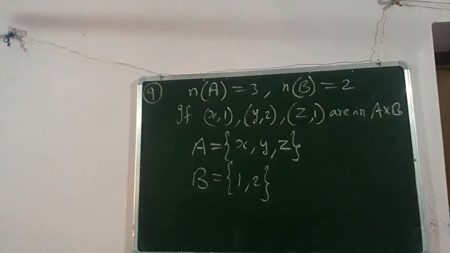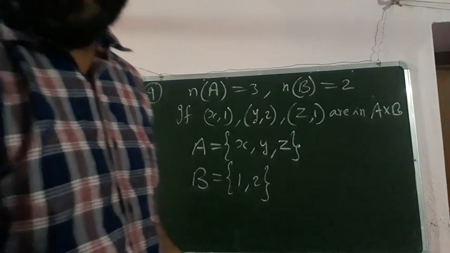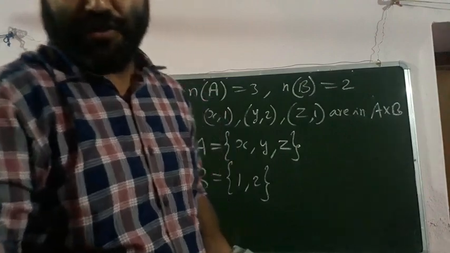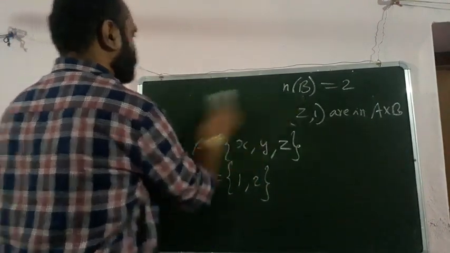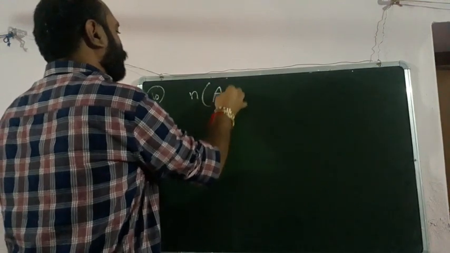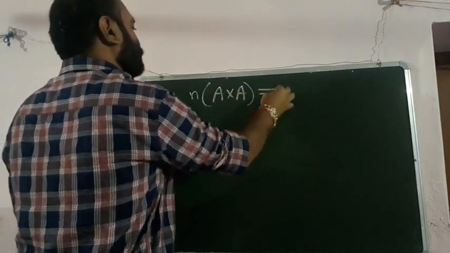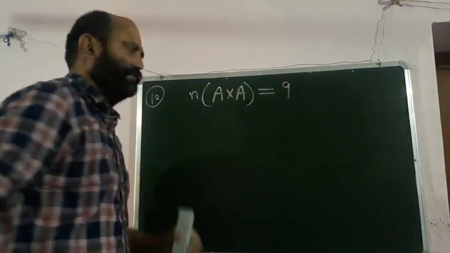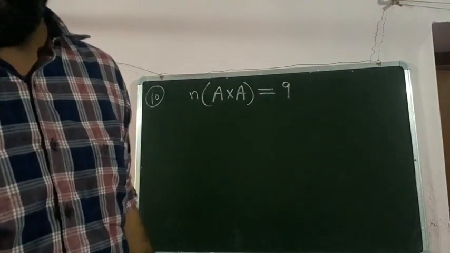Now last question of this exercise is question number 10, हाँ जी 10th question देखते हैं. Question number 10 is, the Cartesian product of A cross A has 9 elements. यानी कि A क्रॉस A के पास 9 एलिमेंट्स हैं, 9 पेयर्स हैं.